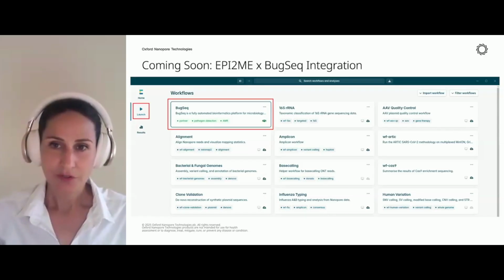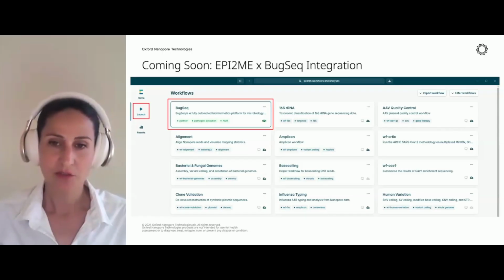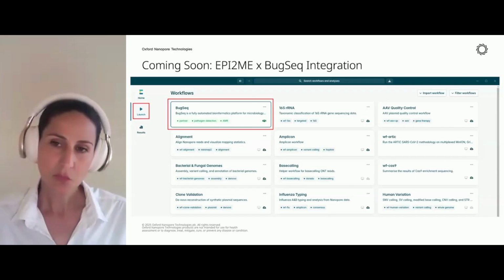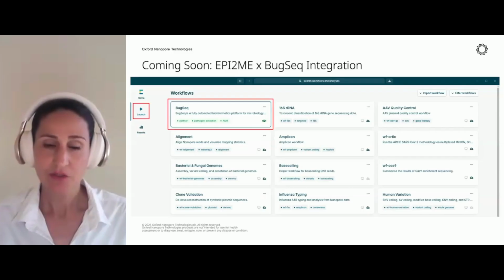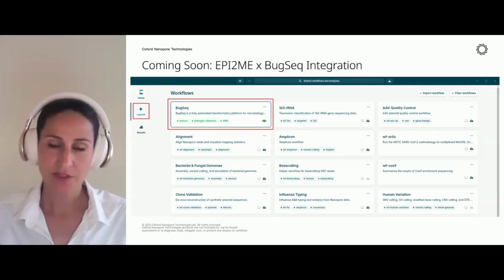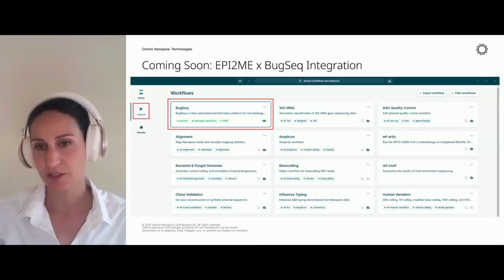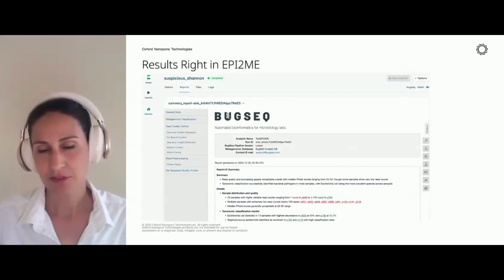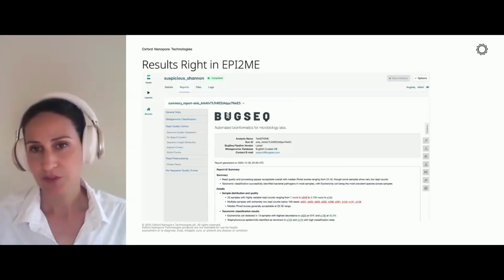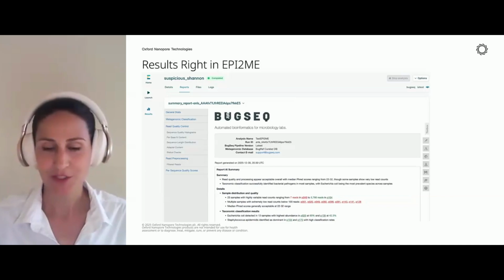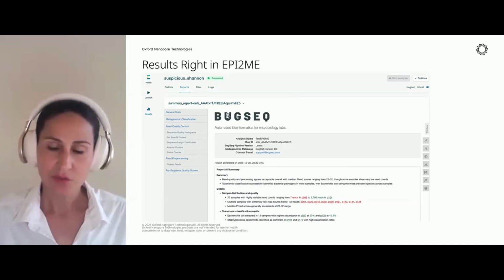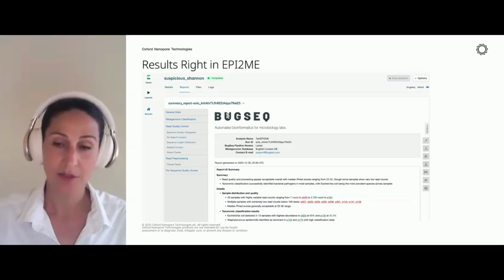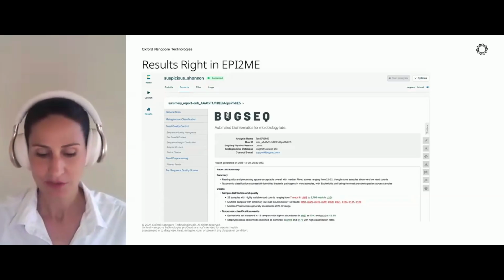However, we are partnering with BugSeq to enable integration of BugSeq workflows within the Epitome software, so that you'll be able to analyze your data sets directly within the Epitome application, allowing you to also generate results and a BugSeq report directly within the Epitome application. So you can view your results without leaving Epitome. And this will be released in the next Epitome release within the next few weeks.